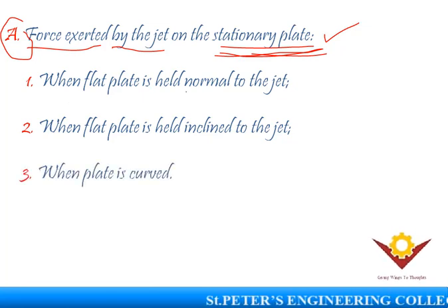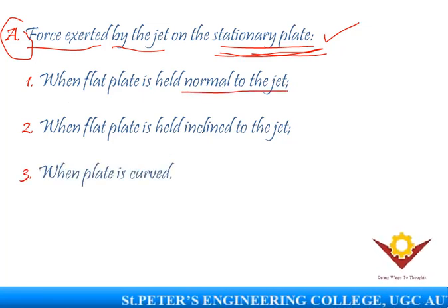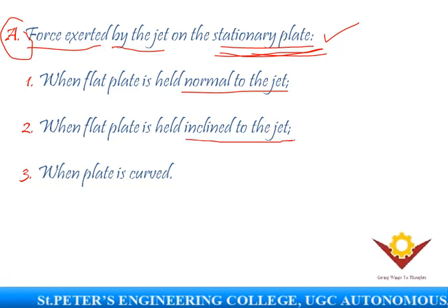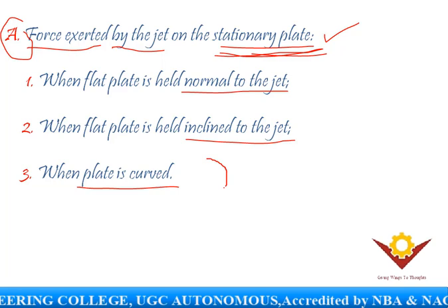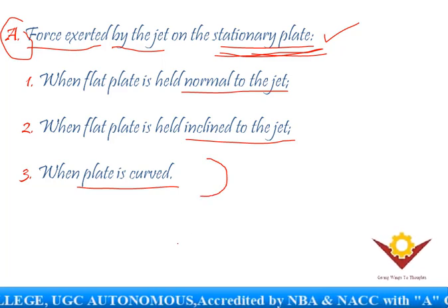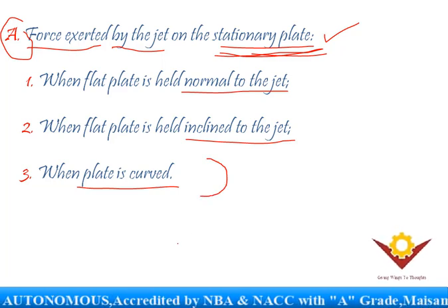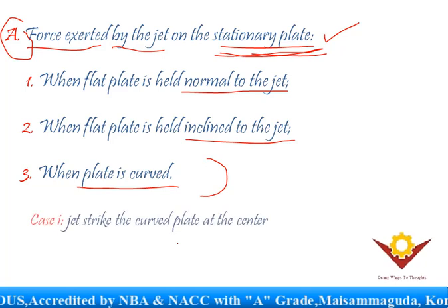So in this we have: the flat plate held normal to the jet, the flat plate held inclined to the jet, and the third one, the plate is curved. Okay, just like this. In the curved plate we have three cases.